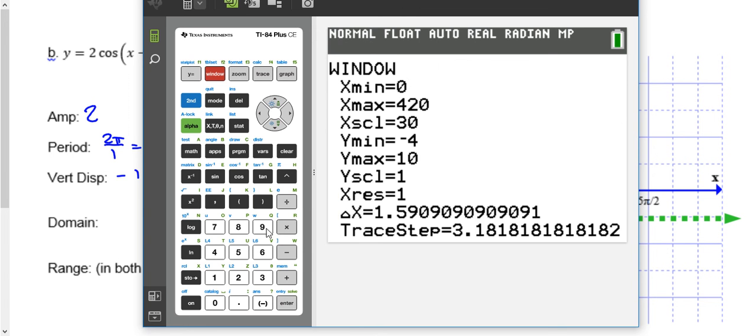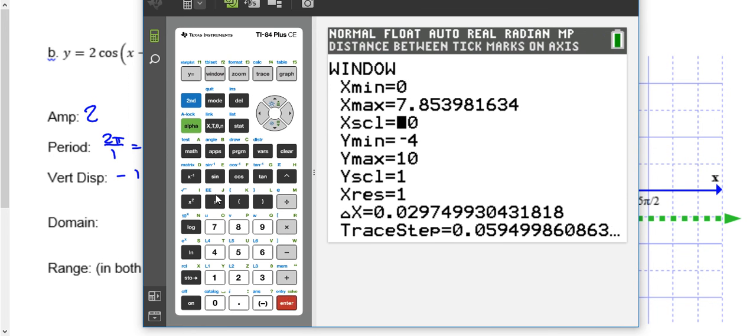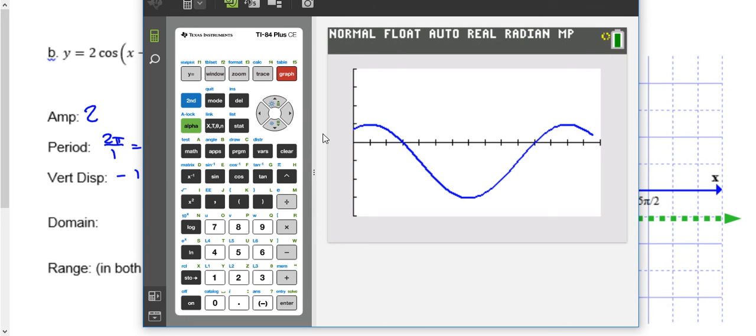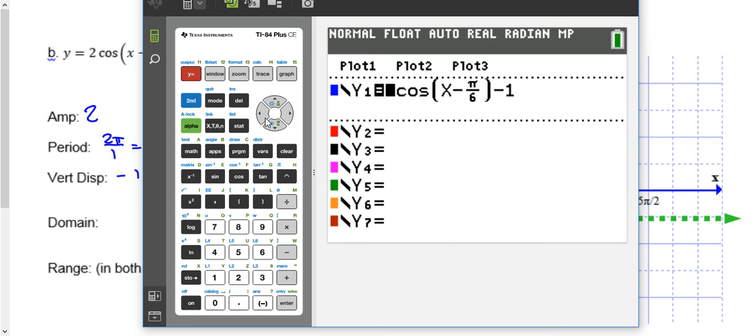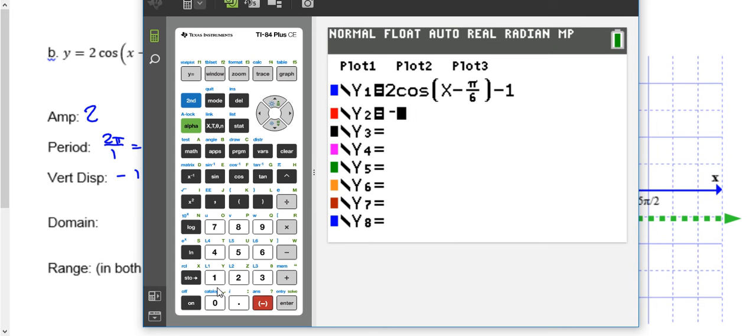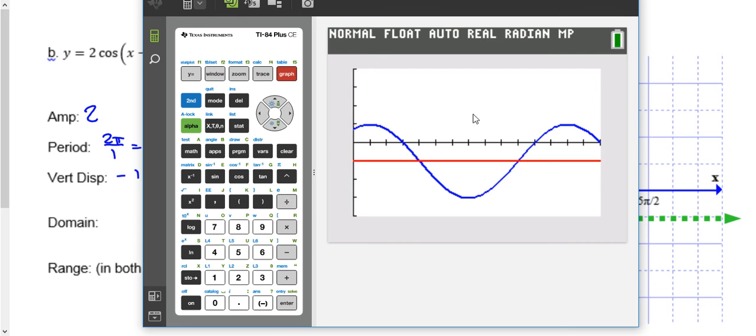For the window setting, we want to go from 0 to approximately 5π/2, going up by π/6 on our x-axis. The lowest we want to go is about −4, the highest is +4, going up by 1s. If I hit graph, there you go. Our graph should match something that looks like this. If you want to see your vertical displacement, you can also add in −1 as y2, and there you go.